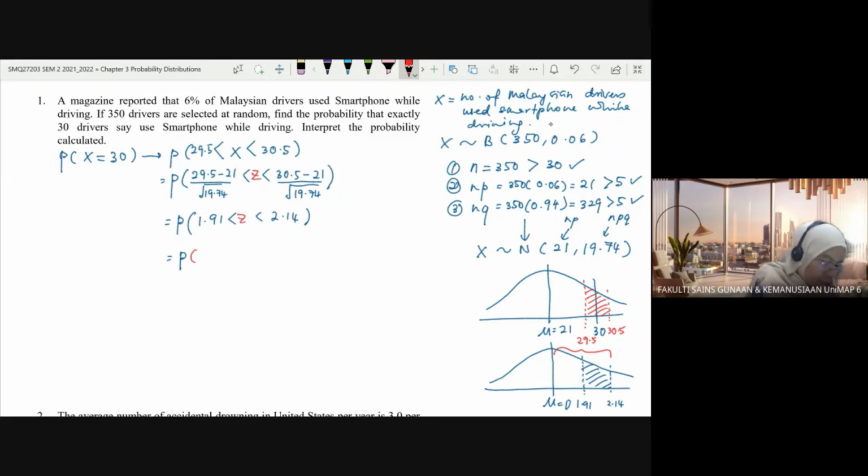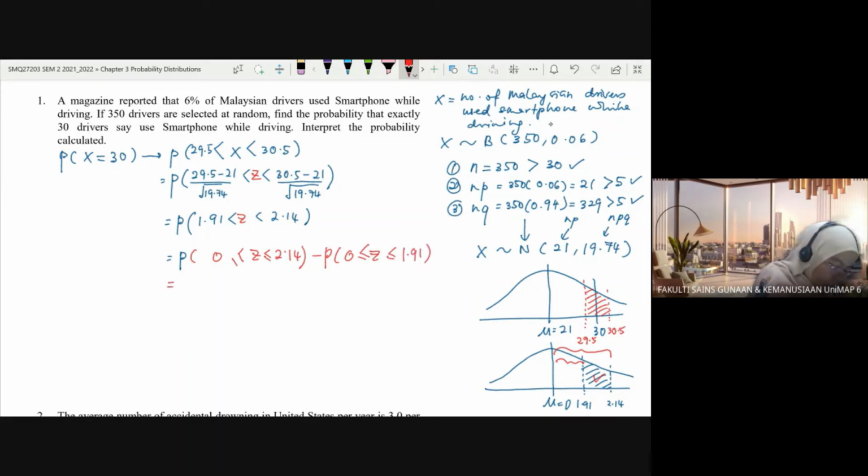Sorry for the mistake. So from 0 until 2.14 minus the probability for this part, since we are looking for this, P(0 < z < 1.91).